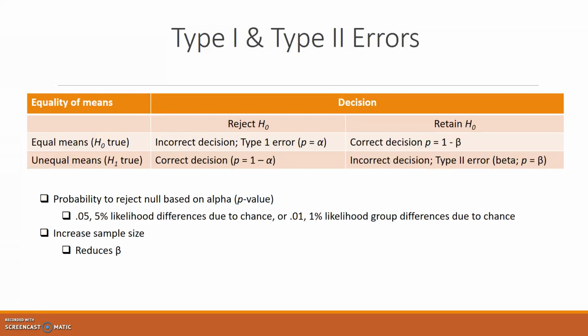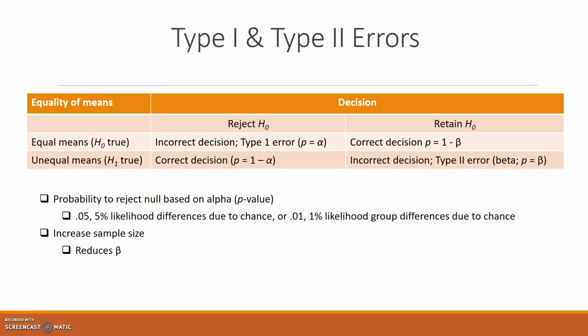In this case, we might say this professional development worked, this instructional strategy worked for students, or this counseling method worked effectively for clients to help with PTSD symptoms, when in fact it's not effective. We've made an error, and this is what we'd call type 1 error. We're saying that the means differ when in fact they do not.